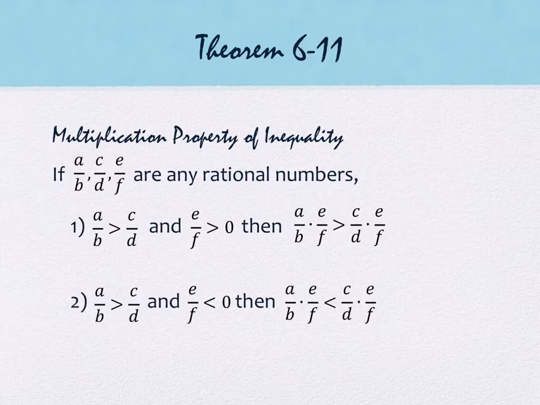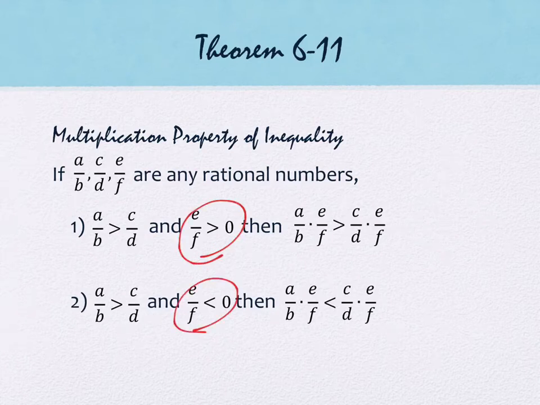Again, those same fractions, a over b, c over d, e over f. But the difference is we're taking a look at what happens when we multiply by a positive number compared to a negative number. So if the direction of the inequality is that we have a greater than symbol, and we multiply by a positive number, then we still have the greater than symbol.